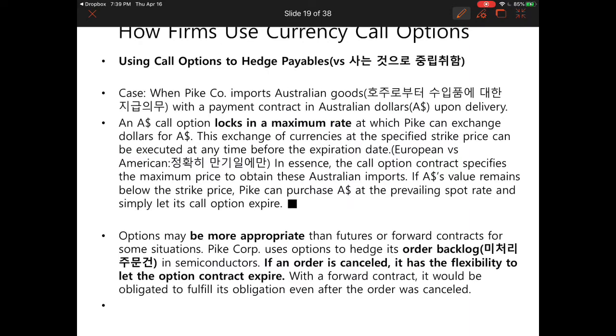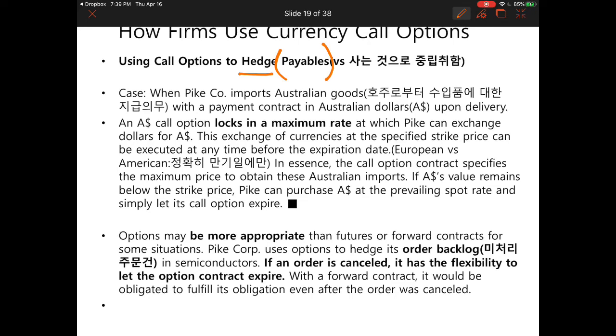Now, we need to think about when or how the multinational corporation firm uses a currency call option. First, we think about the case where the MNC will use a call option. They will use it for hedging a payable, right? If we have a payable in Australian dollars, you need to consider purchasing a call option.